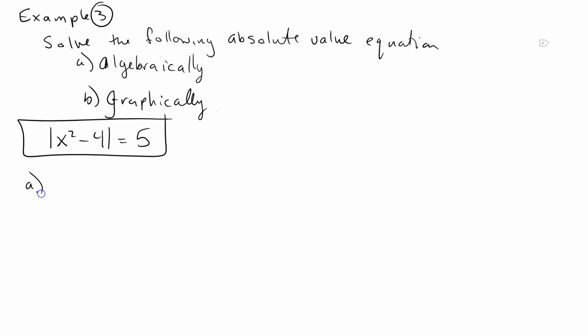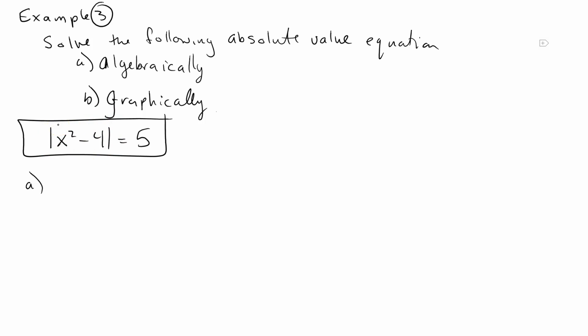So A, algebraically. Now it is very much the same as solving a linear equation algebraically, because you'll notice that this is a quadratic because we have x squared. So this is essentially going to be a line intersecting with a quadratic. First things first, we want to isolate the absolute value, which it already is.